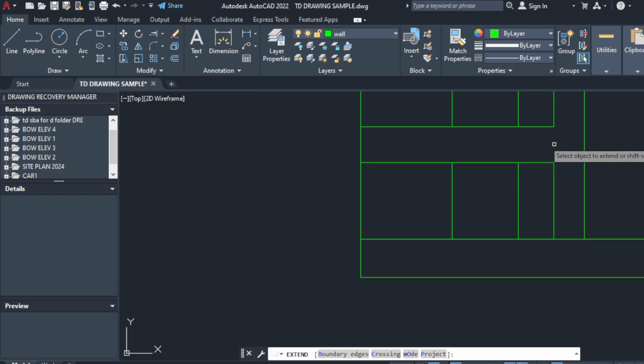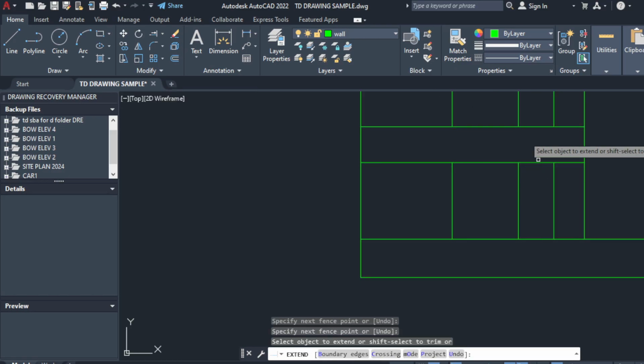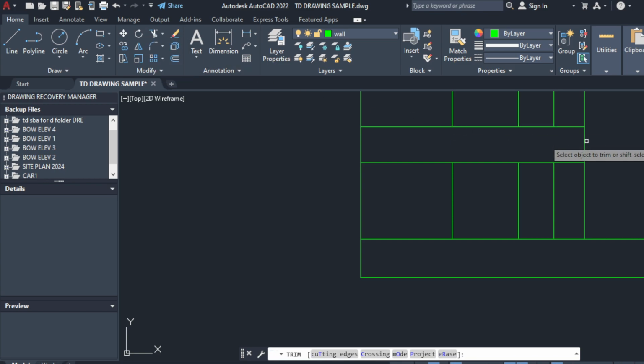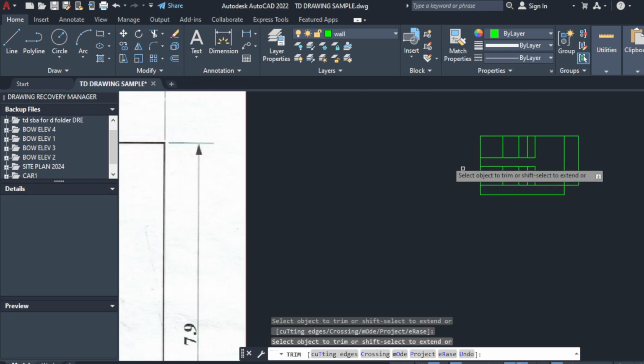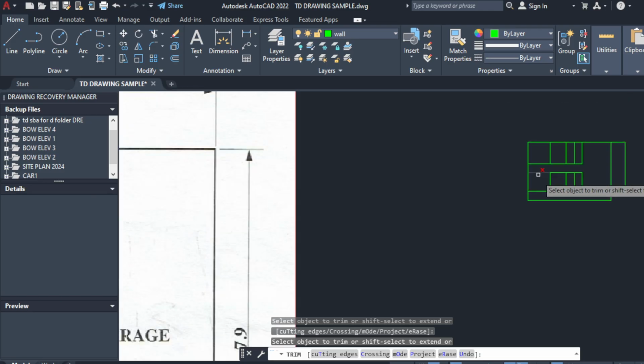I'll extend these here just so I can trim out here. Nice. So I have my bedroom.